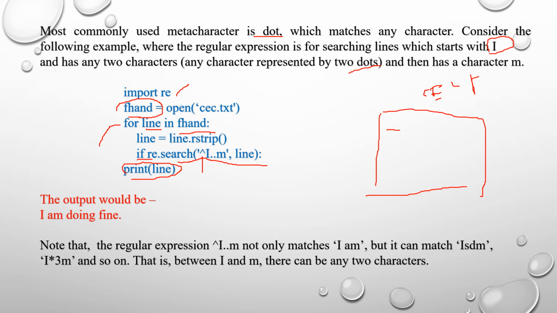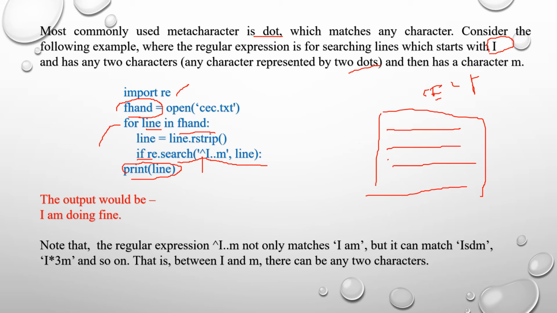This is my first line, this is my second line, and the third line string is "I am doing fine". After the first iteration, the pattern is not matching, so the interpreter is not going to print the first line. In the second line the pattern is also not matching, so it will not print the second line. In the third iteration the pattern is matching.